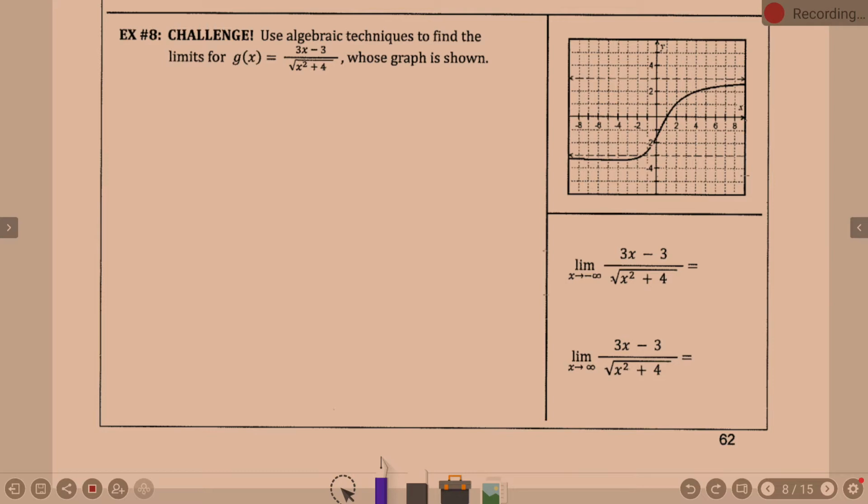Okay, well, rational functions, we were dividing by the largest power in the denominator. What's the largest power in the denominator? Is it kind of equivalent to x? Because there's an x squared, but that x squared is under a radical. What's the square root of x squared?